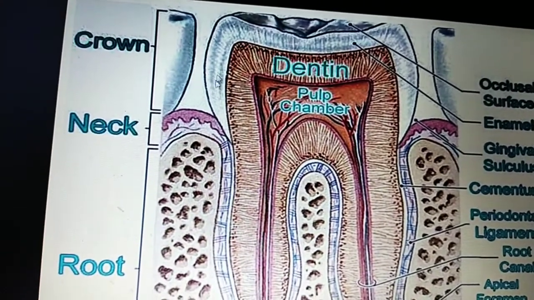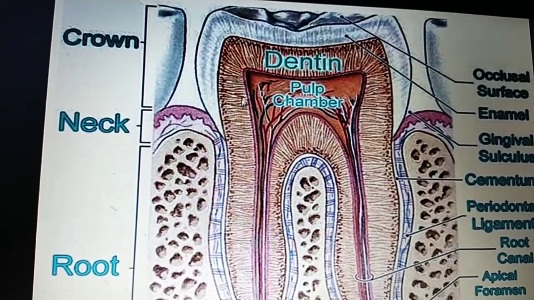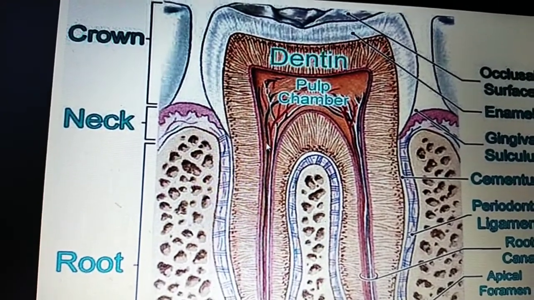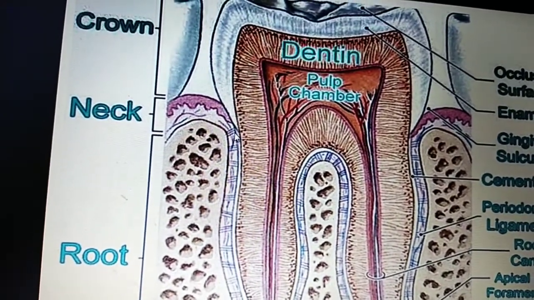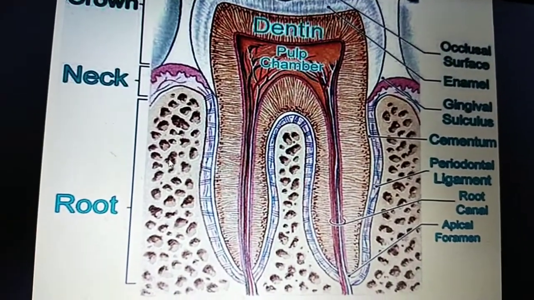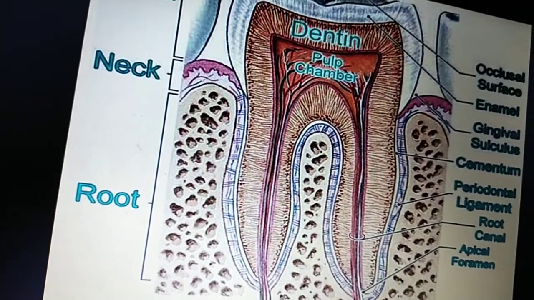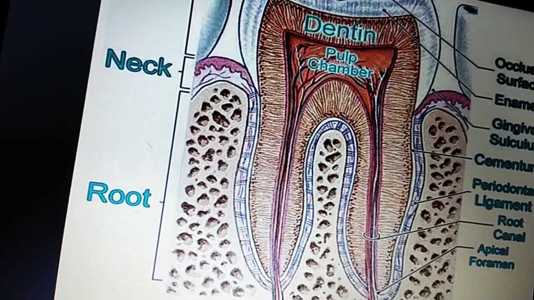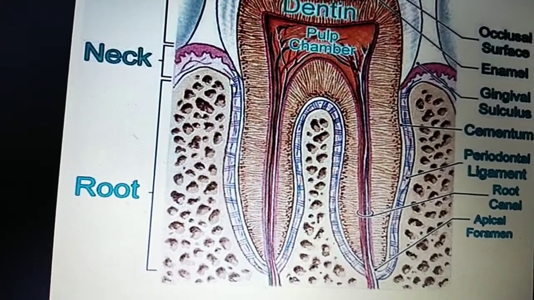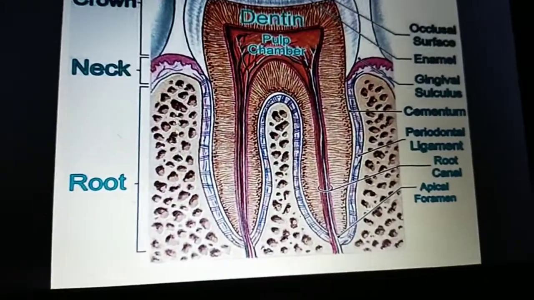Now you can see the teeth in the mouth, that is all the crown. And what is the root? The part present below the gum, which is not visible in the mouth, that is the root, also called the clinical root.